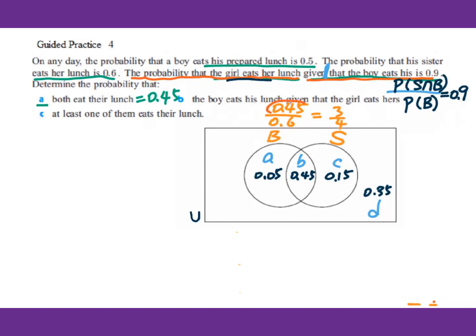This number has to be both eating their lunch. When you have this given, it means this will be the total. Look at the C. At least one of them eats their lunch. You can use 1 minus 0.35 equals 0.65.